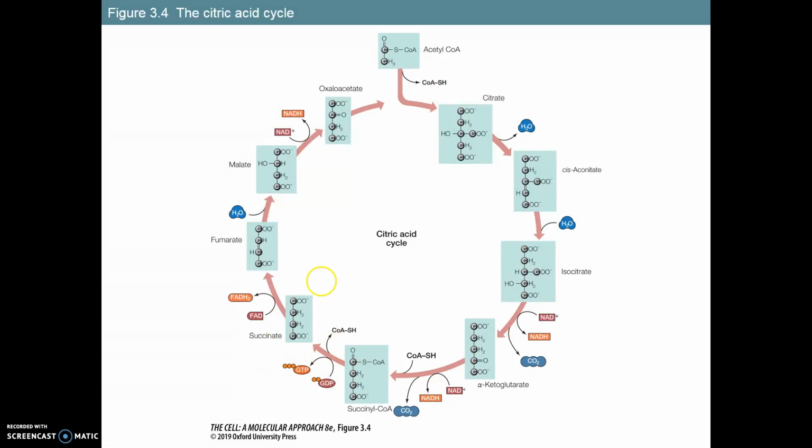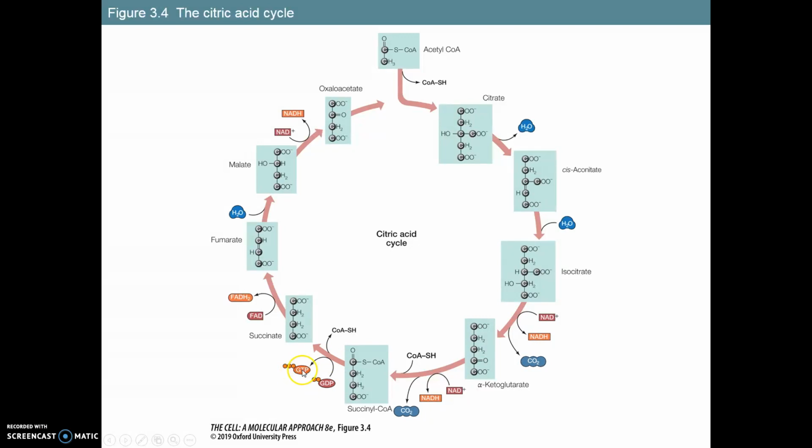Now, once we have this compound here, we can use a substrate level phosphorylation technique in order to utilize the energy stored in the thioester bond to facilitate the phosphorylation of GDP to GTP. In this case, GTP is an equivalent to ATP.